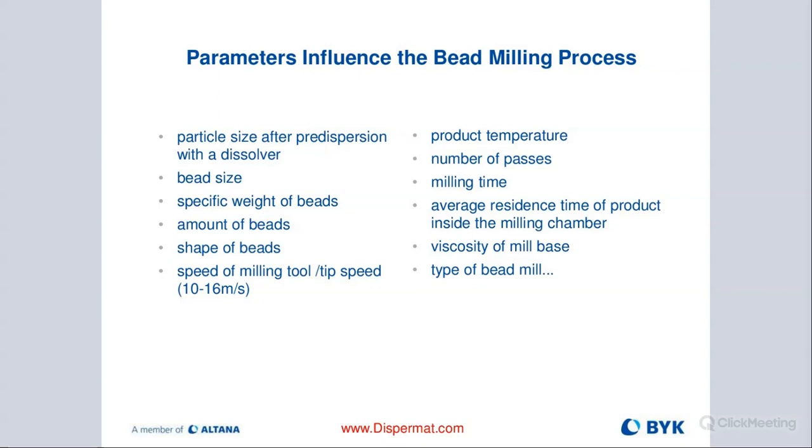Milling time, the longer we mill, usually the smaller the particle size and the better the particle size distribution. When we use a horizontal media mill, how long does my slurry actually stay inside of my milling chamber? So if we increase the rotor speed or pump speed, that means we cycle faster, cycle more. Or if we're slower, it stays in there longer and it should cycle slower.